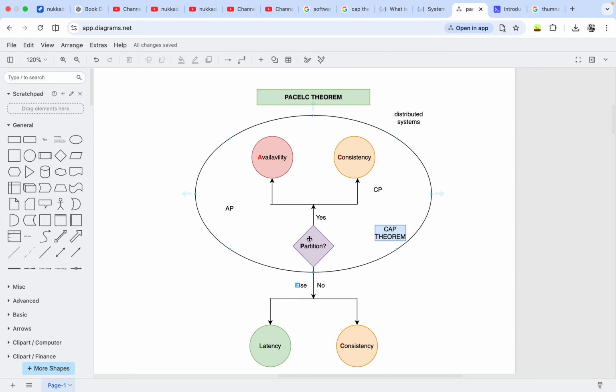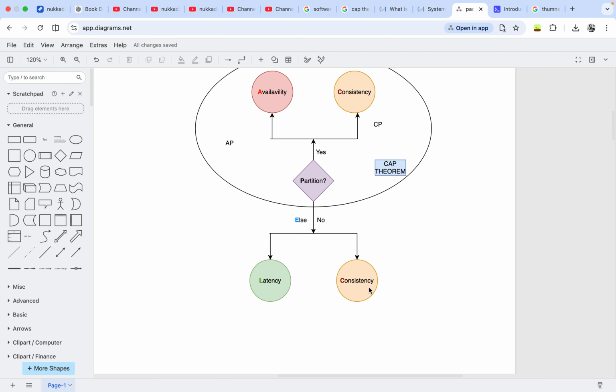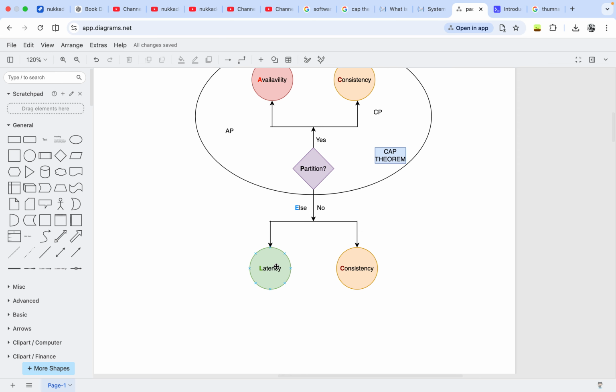It is saying that if partition happens, then we go for availability or consistency, which is the CAP theorem. Other than that, if there is no partition, there are two trade-offs. We can choose latency, meaning a faster system.